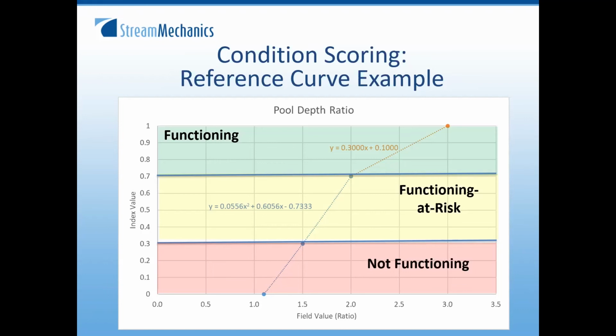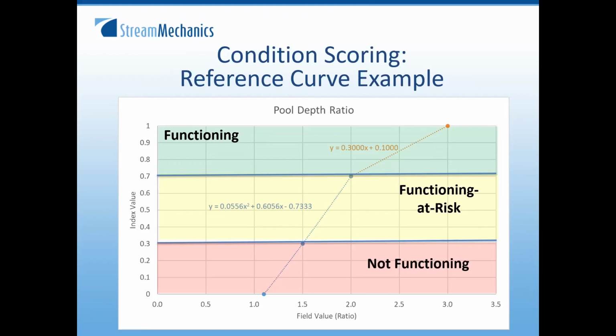The units vary a lot because it varies on the assessment method. The y-axis is always from 0 to 1. 0 represents no function. 1 represents pristine. This is the condition score. 0.3 represents the break between not functioning and functioning at risk, and 0.7 between functioning at risk and functioning.